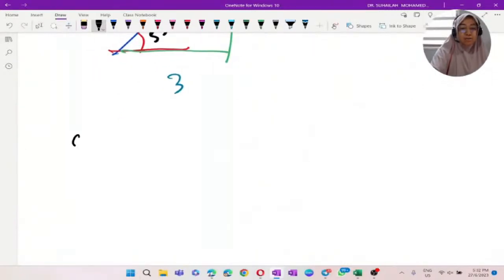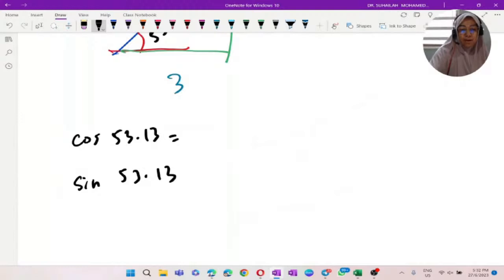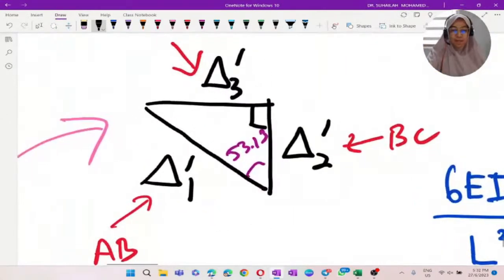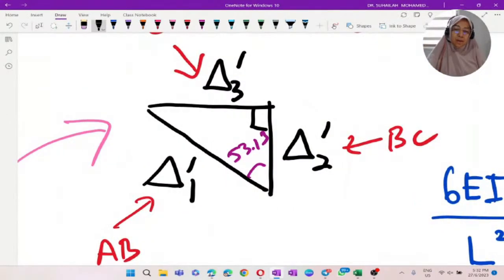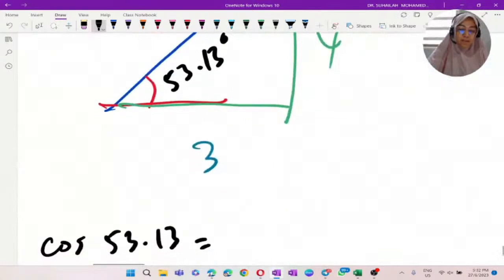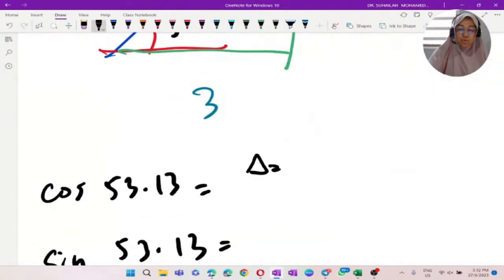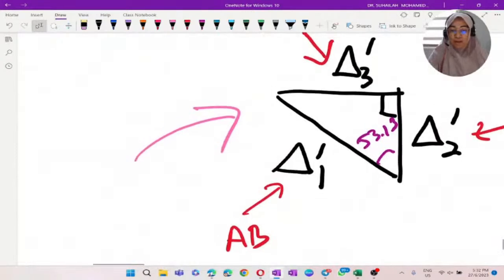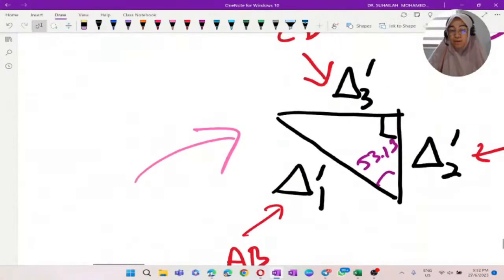So using that relationship, we get cos 53.13 and sine 53.13. Cos is delta 2 over delta 1, so this is delta 2 prime over delta 1 prime. And sine 53.13 means delta 3 over delta 1.